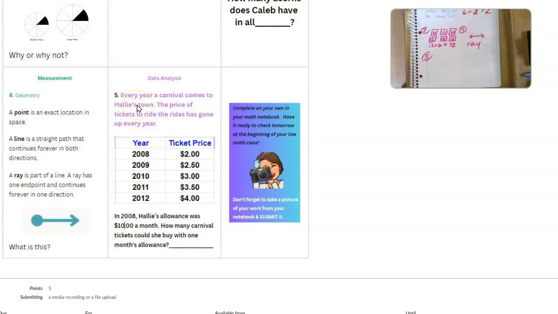Every year, a carnival comes to Hallie's town. The price of tickets to ride the games has gone up every year. So we can see the year 2008, 2009, 2010, 2011, and 2012, and the price per ticket. So each year the price has increased about 50 cents per ticket.